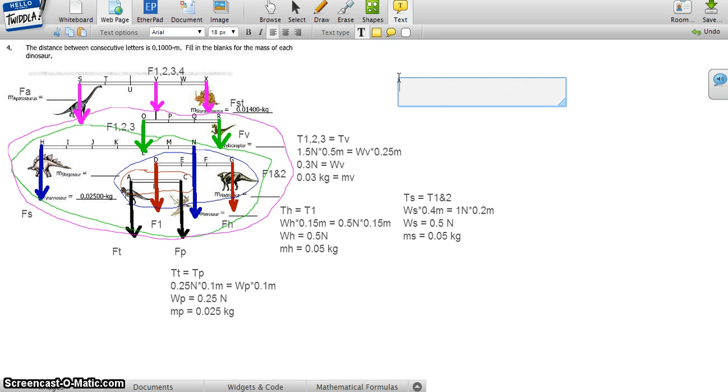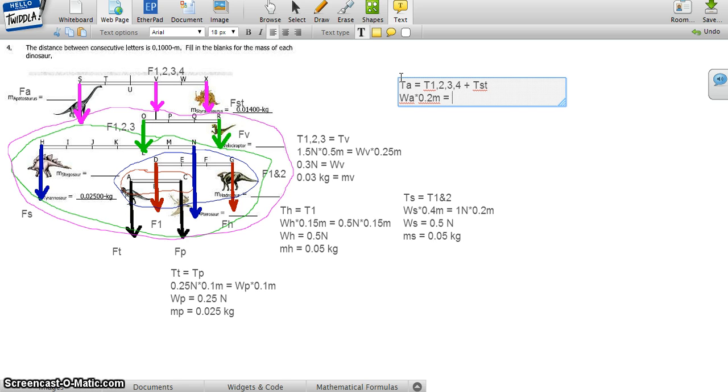And so the torque from the apatosaur has to be equal to the torque from levels 1, 2, 3, 4 combined, plus the torque from the Tyrannosaur. So this is going to be the weight of the apatosaur times the distance, which is 0.2 meters, equals the torque from all those levels.